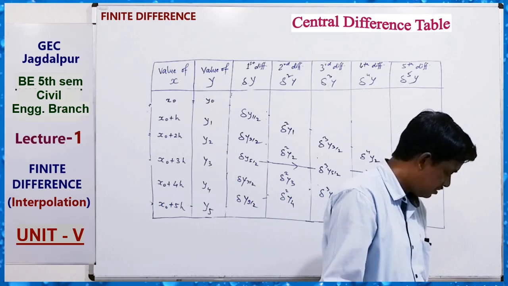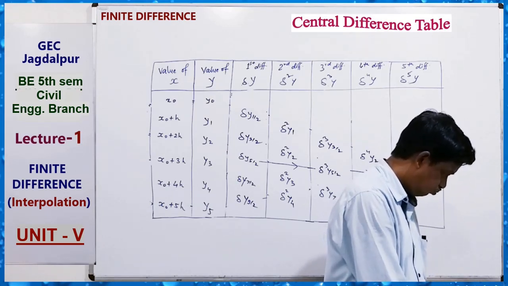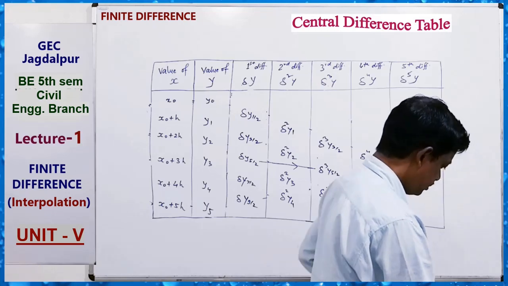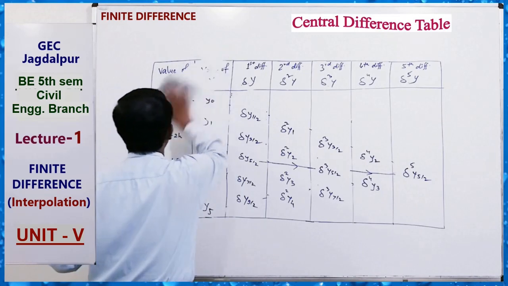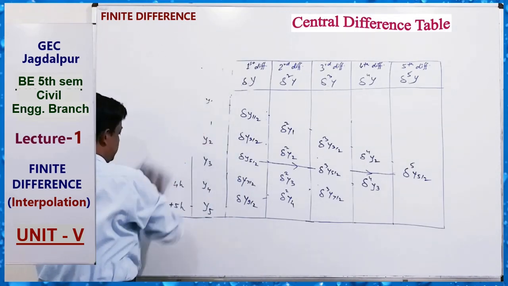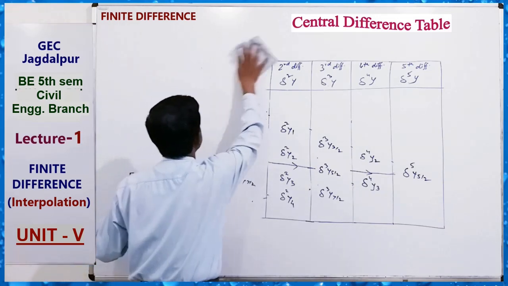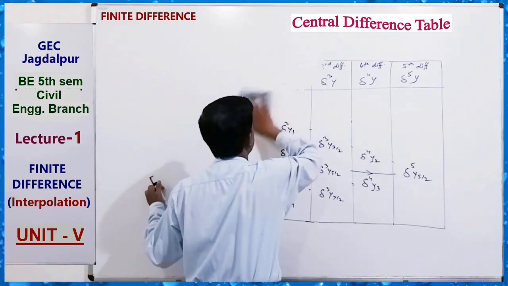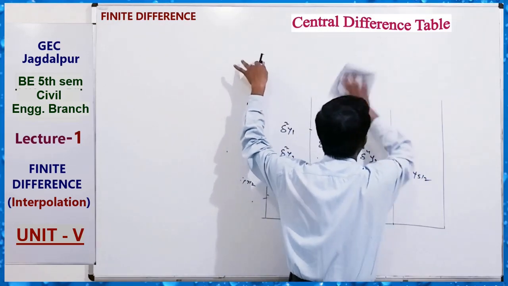First of all, we see that if a function is a polynomial, how can we define the difference of the polynomial based on degree?